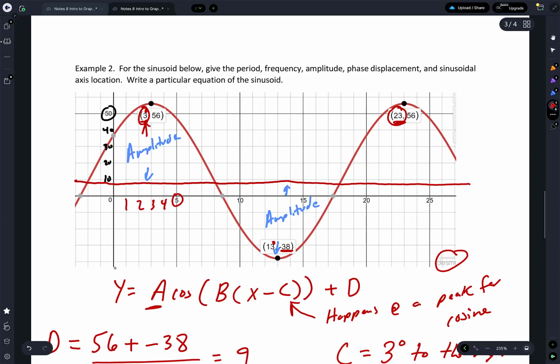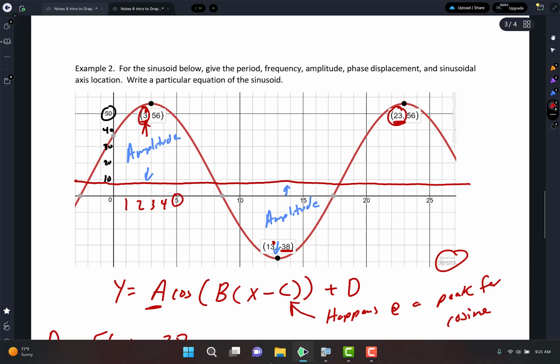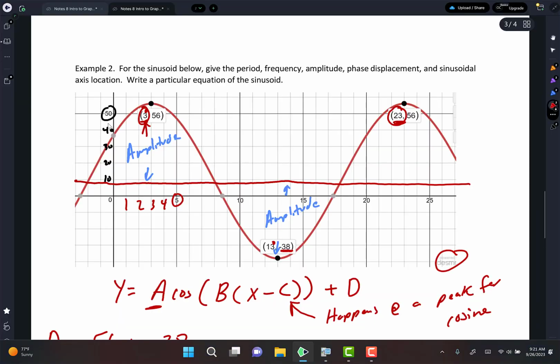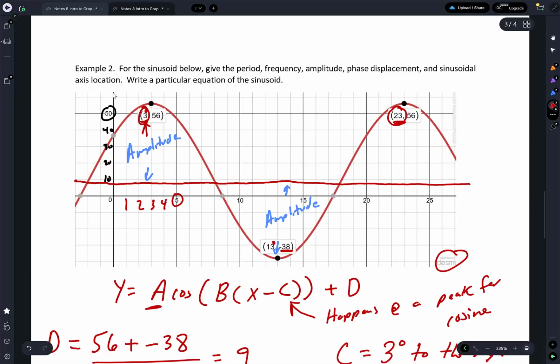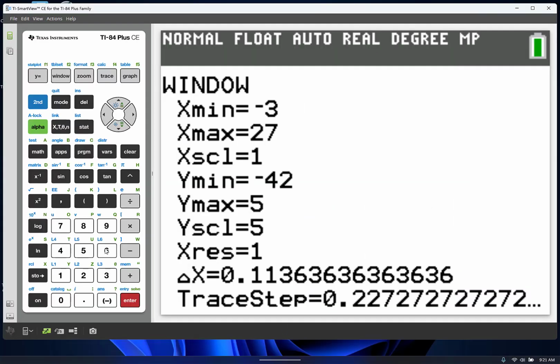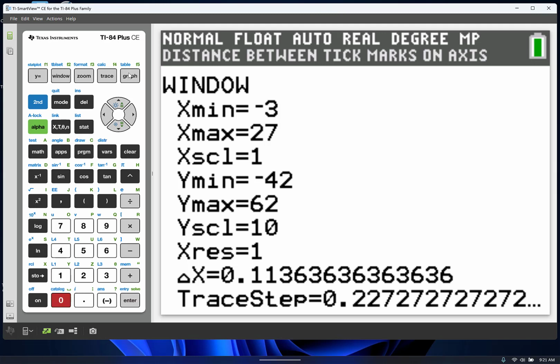Let's go negative 42. Y max, let's see, 50, 60, 62. And then y scale by 10. And there it is, push graph.